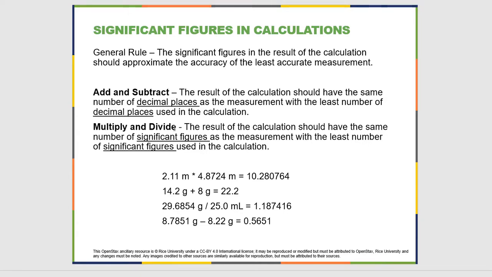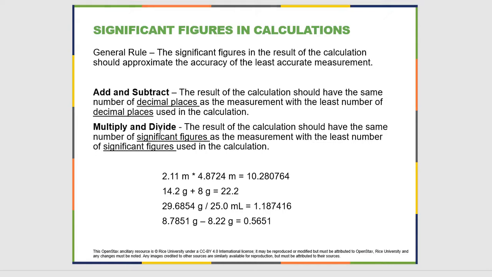When we're multiplying and dividing, the result of the calculation should have the same number of significant figures as the measurement with the least number of significant figures used in the calculation. So there are slightly different rules depending on whether we're adding and subtracting or multiplying and dividing. And one important thing that I need to tell you is that your calculator will lie to you. Your calculator, Excel, these things do not do significant figures properly.